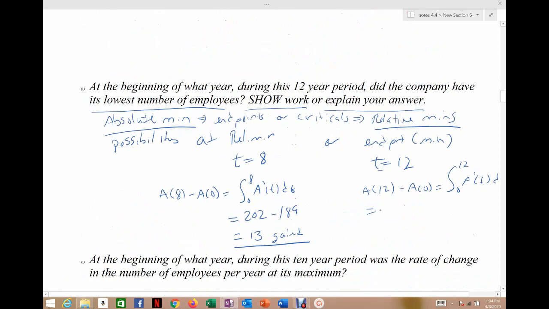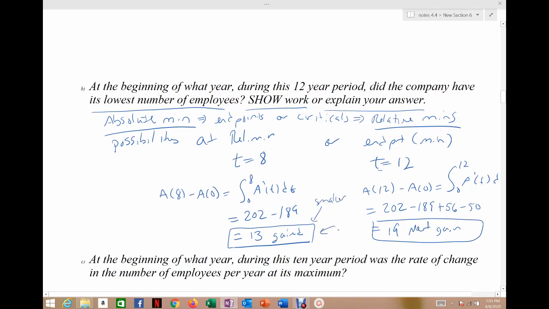And so to find this, I have 202 gained, then I lost 189, then I added 56 people back, but then I lost 50, and all together, if I add and subtract those, my net change in the number of people employed over that 12-year period was 19, was the net gain. So we had 19 more people at the end of 12 years than we did at the start. We had 13 more people at the end of 8 years, and so this is smaller.